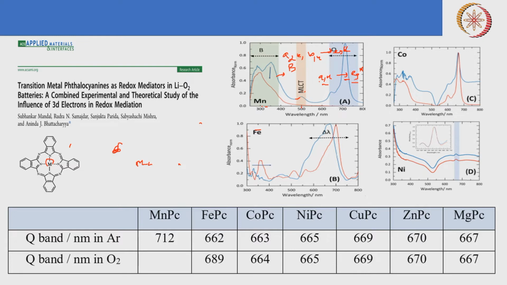Here our motivation is how the absorbance spectra will change if we introduce an oxygen molecule. As it is a square planar complex, it can coordinate at the fifth position, and it can coordinate at the sixth position. If the fifth or sixth position is coordinated with oxygen, then it can change the energy level of the transition.